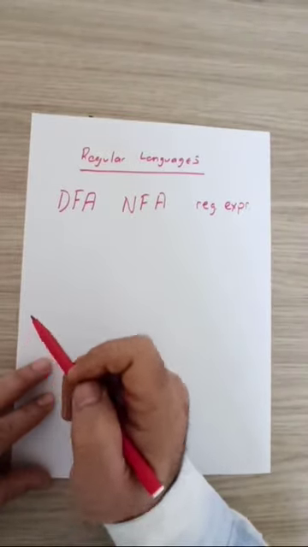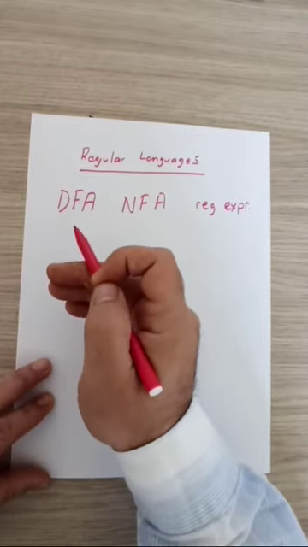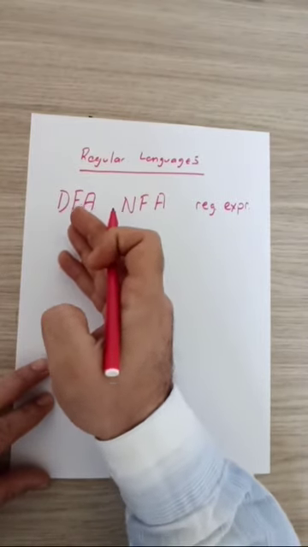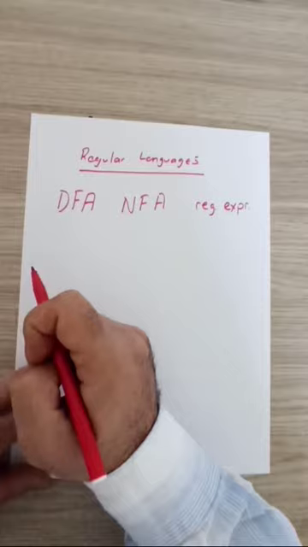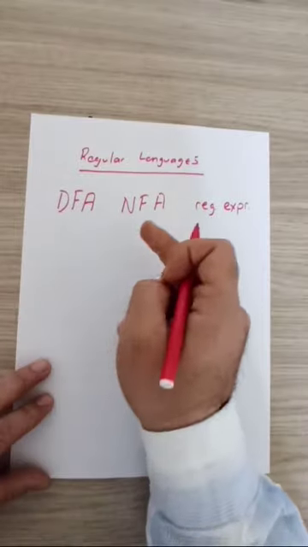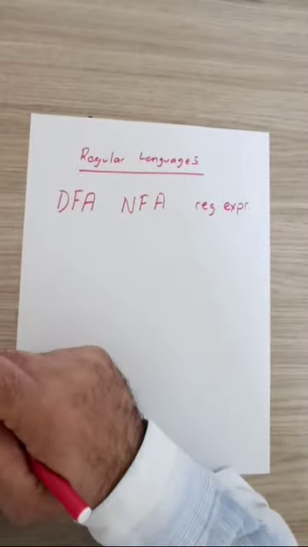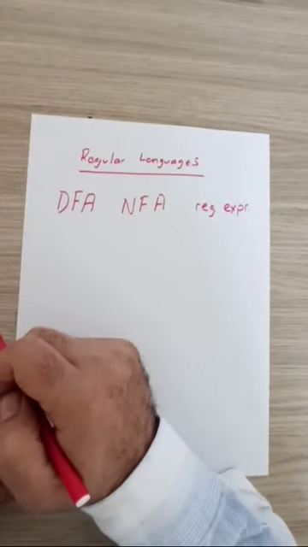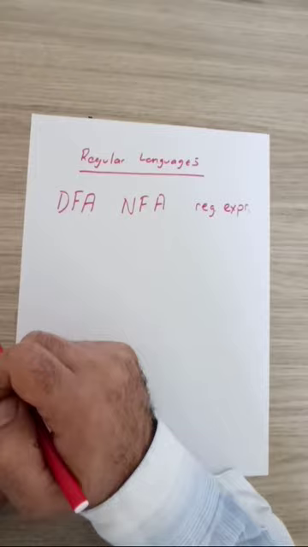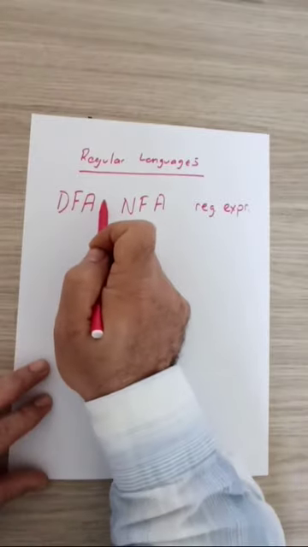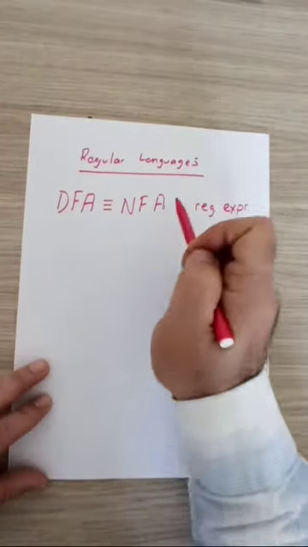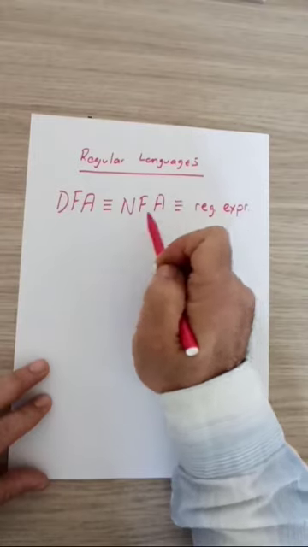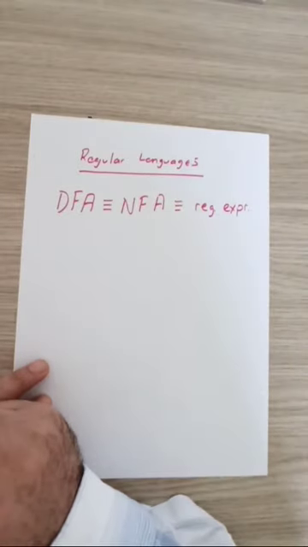Given a language, we have seen examples where we could construct a DFA for the language, or an NFA, or a regular expression. And we have also seen that each of these computational models is equivalent. So the DFA computational model is equivalent to the NFA model, and the NFA model is equivalent to the regular expression model in terms of computational power.